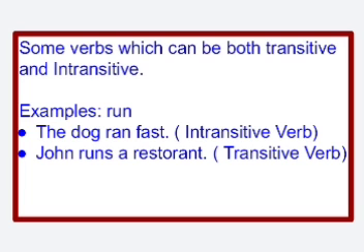In the dog ran fast, it is an intransitive sentence. The same verb we can use transitively as well. How? John runs a restaurant. "John runs" seems incomplete, so it requires an object. Here the object is a restaurant.